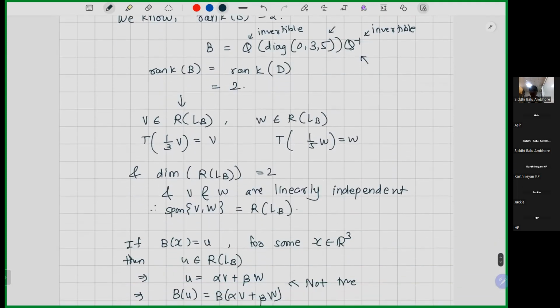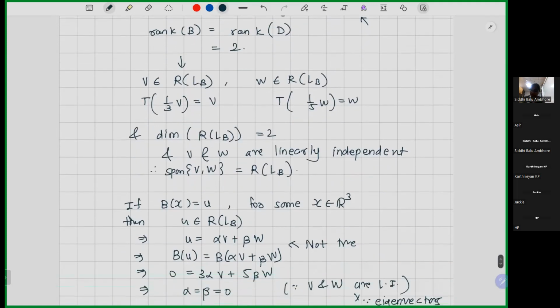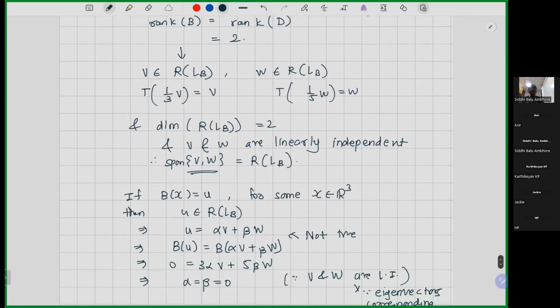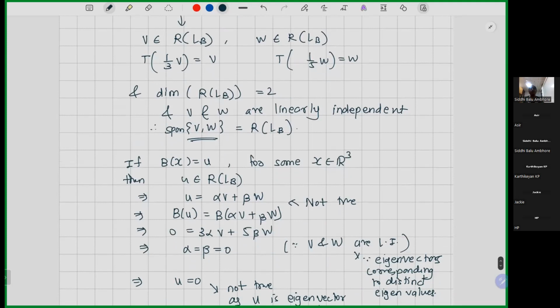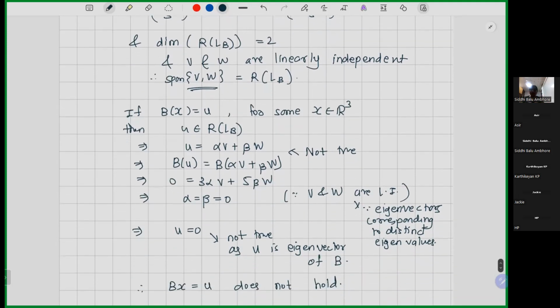I produced a basis using the two eigenvalues which were already given, and the corresponding eigenvectors gave me a basis because the dimension of the range space was 2 and I have two linearly independent vectors, so that will form a basis for this range of LB. And if Bx is U for some x in R3, then U will be in the range, right? That is the definition of range.